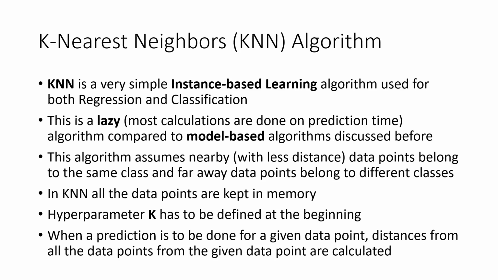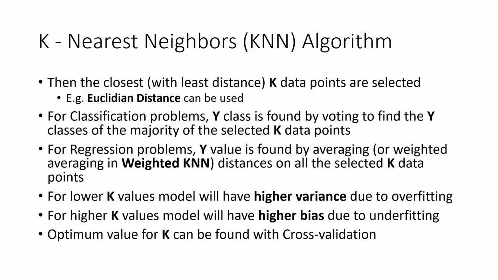For example, if you have 1,000 data points in memory with their coordinates in the multidimensional vector space, and suppose you get a new value to be predicted, the distance between that particular point and all the other data points is calculated at prediction time, right?